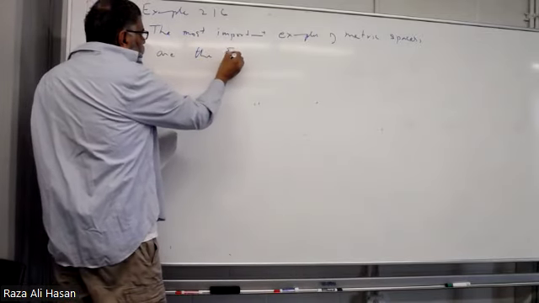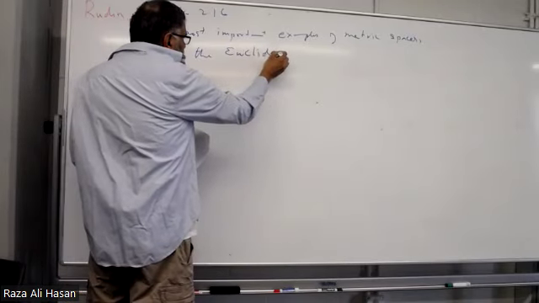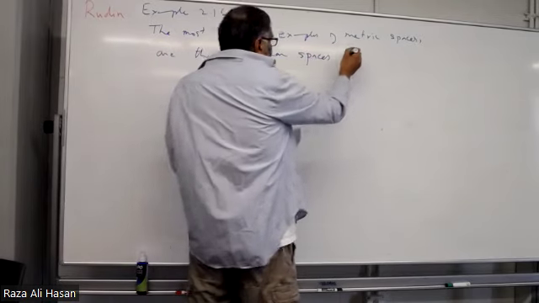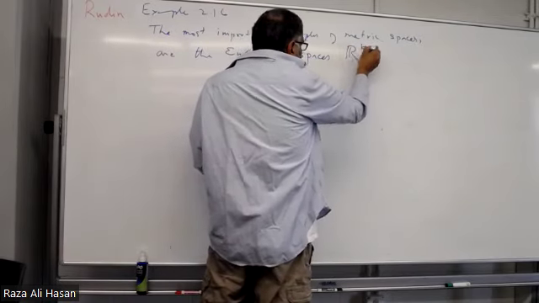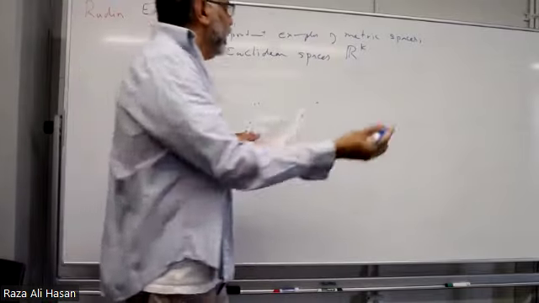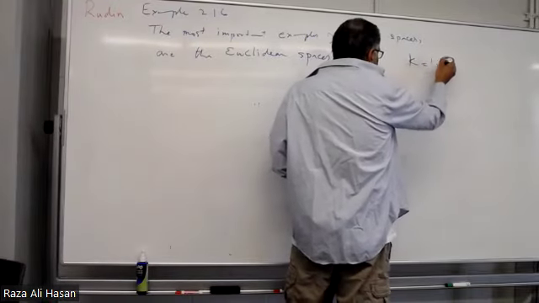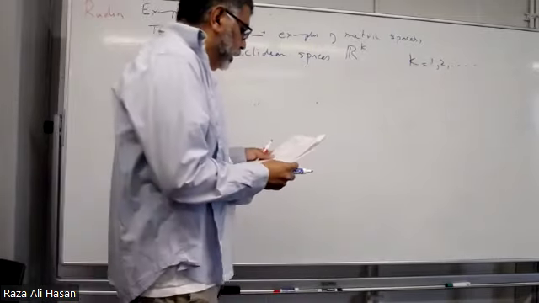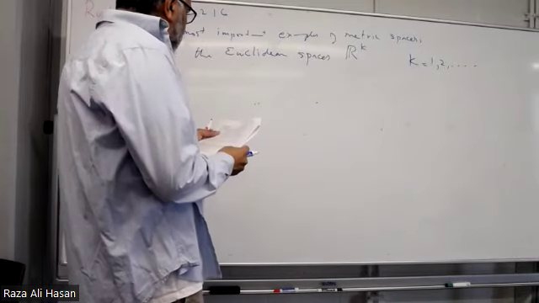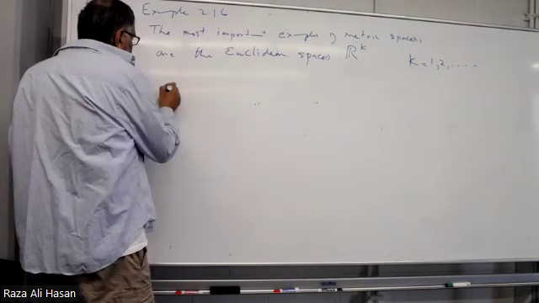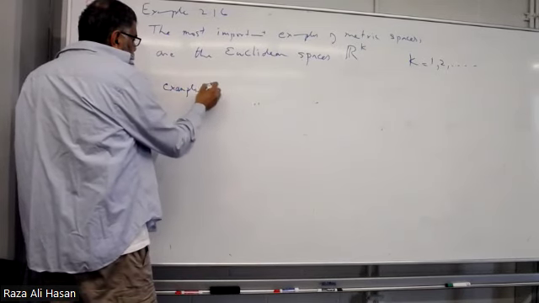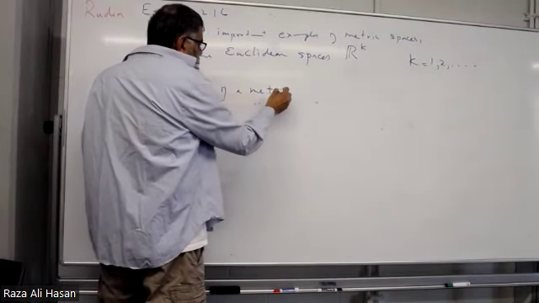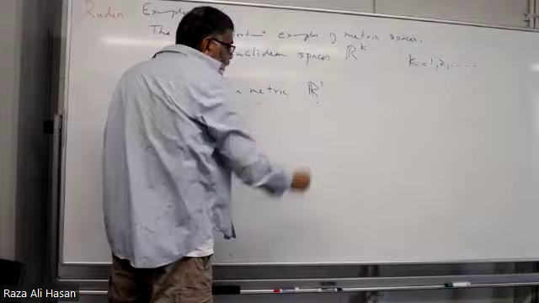The Euclidean spaces R^k, where k can be from 1 to whatever. So the first example of a metric space is R1.